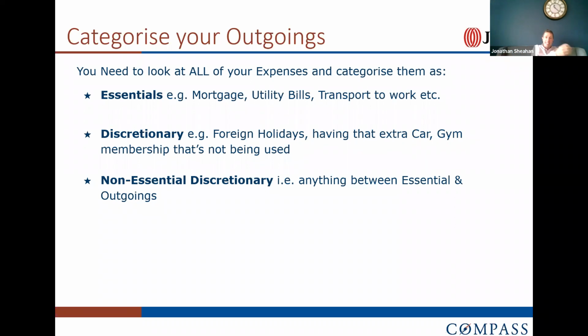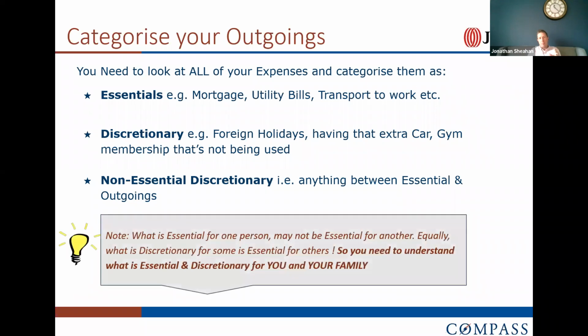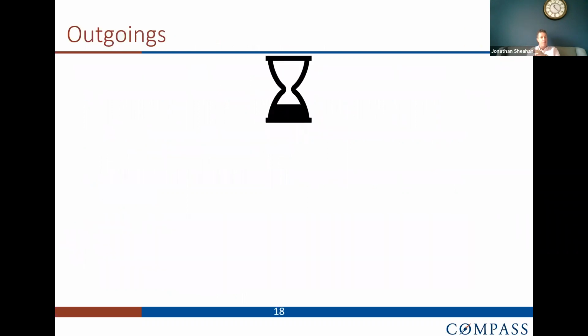No. Is it discretionary? Well, maybe not, because if they're relatives or friends of yours, you have to go to the wedding. So you might put that in the category of non-essential discretionary. What's essential for one person or one family may not be essential for somebody else, and vice versa. So you need to understand what is essential, discretionary and non-essential discretionary for you and your family.